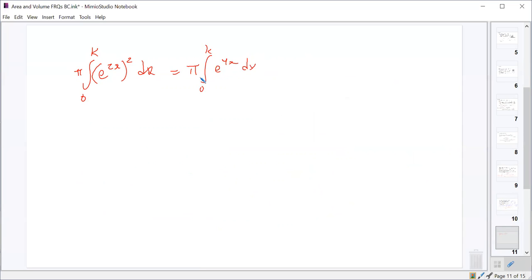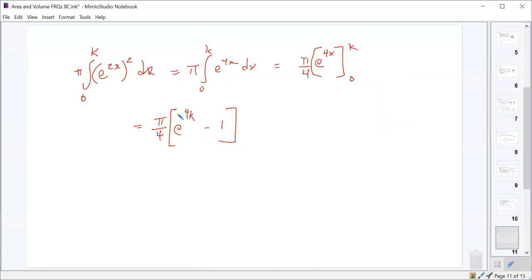And if we integrate e to the 4x, we should get 1/4. So that's going to give us a pi over 4 out in front. So pi over 4 e to the 4x from 0 to k, which is going to give us pi over 4 times e to the 4k minus 1.